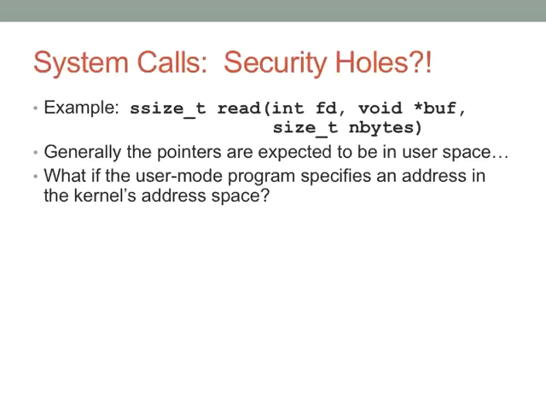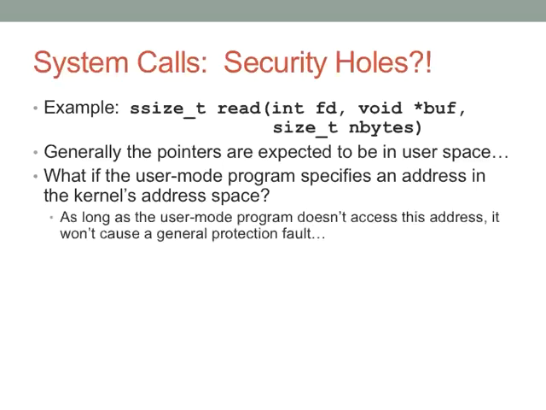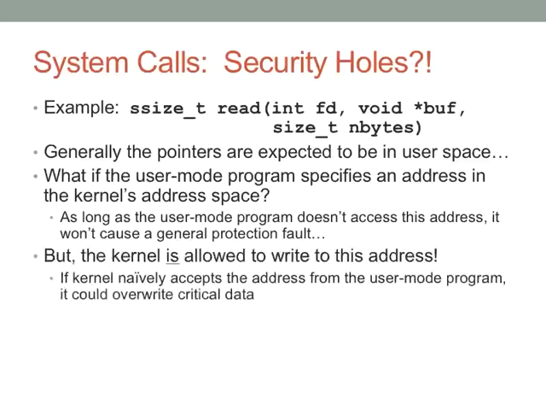You know, maybe you target the root password, maybe you target other processes, maybe you target stuff in the kernel. And so like I say here, as long as the user mode program doesn't try to dereference that address and access whatever values are at that address, it won't generate any faults. And the kernel can try to do that. And if it were to just accept the address, who knows what havoc would be wreaked.